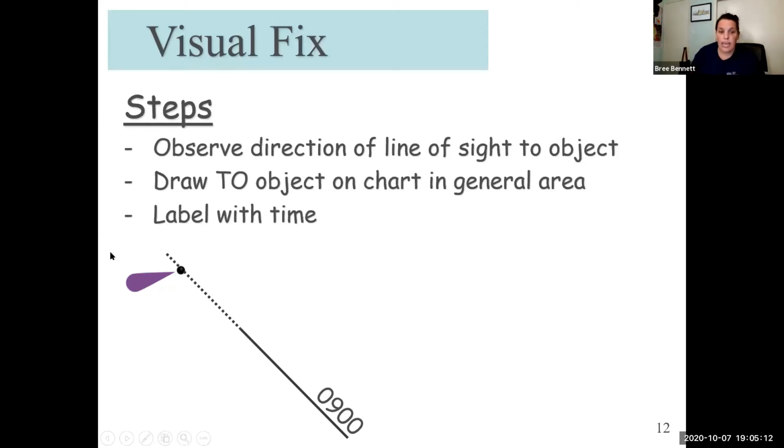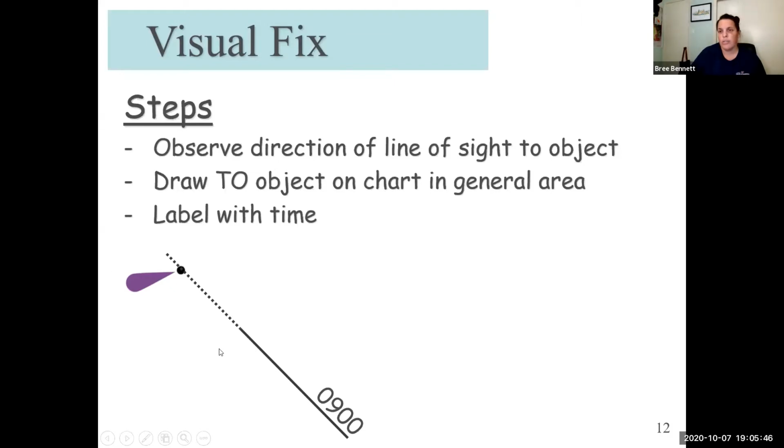And then we label that line with time so that if we have all of these lines all over our chart, we know what they mean and what they are, and someone else can come over and look and know what they mean. So a lot of times you can draw a dashed line from that point of interest or that aid to navigation, and then where you think you are, you can make it that solid line.